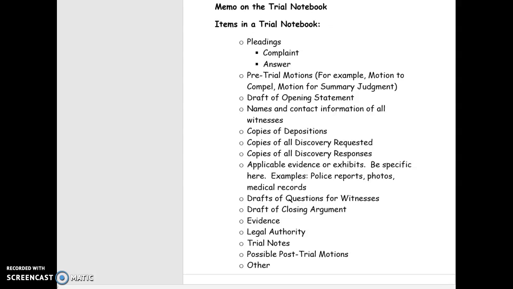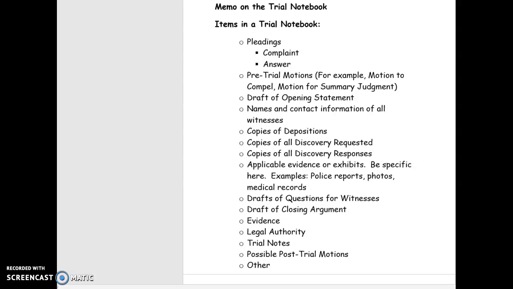Any questions you would ask the witnesses or that the attorney would ask the witnesses during trial, a draft of closing arguments, any other evidence that we didn't already discuss, any legal authority that's very important to your case. Legal authority means statutes or cases, past precedent, any other trial notes that you want to have.